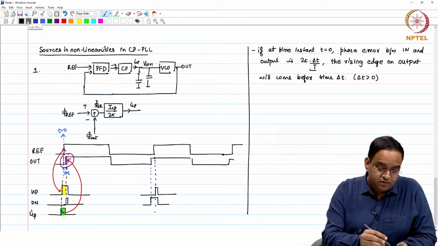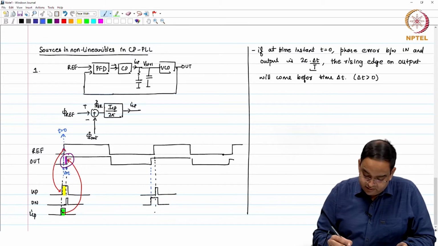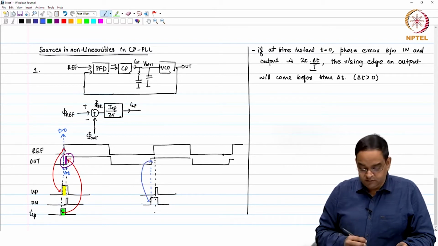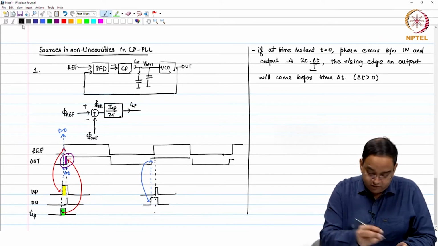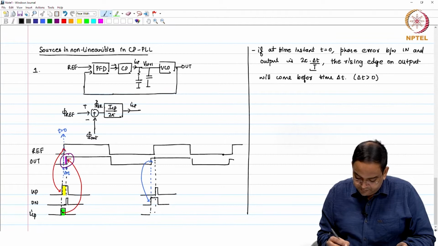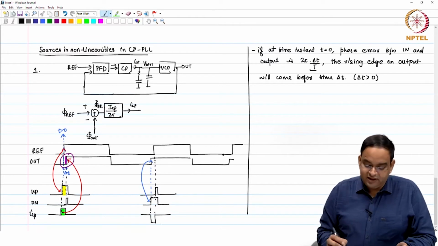Now, in this case, the rising edge on V has triggered a rising edge on down, which in turn has triggered the current also, no doubt. Current is negative. Okay, it has triggered the current.